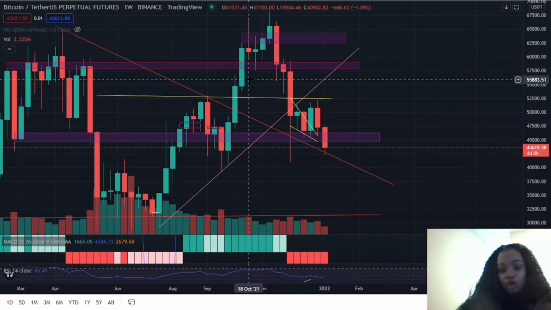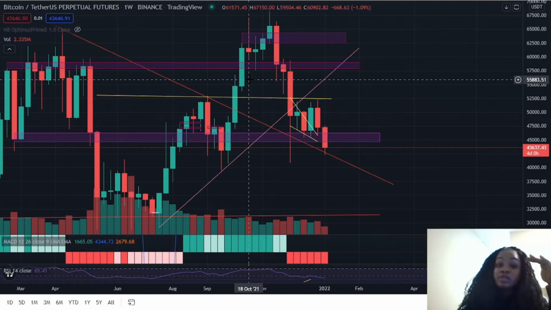If a price drops down to a certain level and then it bounces back away from it, that level is known as a supported area. It means that the price got supported from that area, so that's why it bounced. It means a lot of people bought at that price level. Okay, that's what a support is.